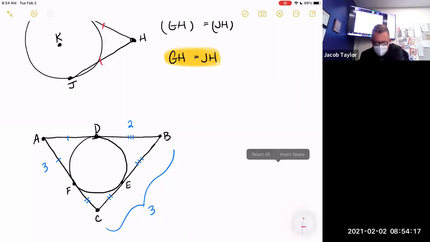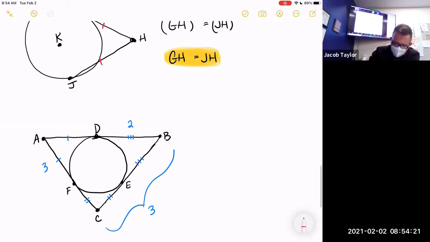If segment AF is 3, then segment AD would also have to be 3. If DB is 2, that means EB would also be 2. And since we were told the entire segment BC was 3, that means CE would have to be 1, which means FC is 1.